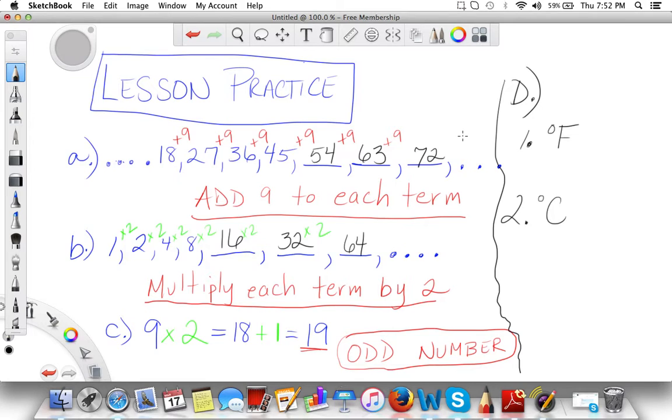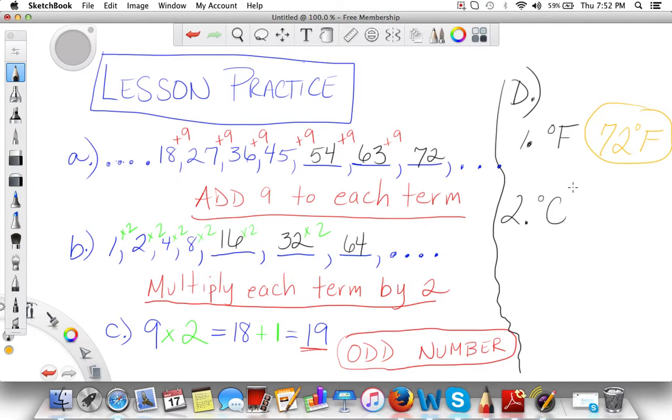So that tells me that they're increasing by 2 for each notch. So I would say that that is approximately 72 degrees Fahrenheit. 72 degrees Fahrenheit is our answer for example D, part 1.